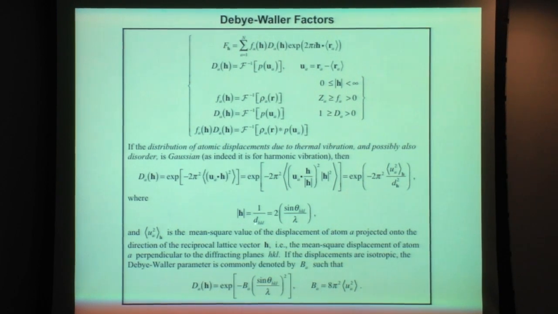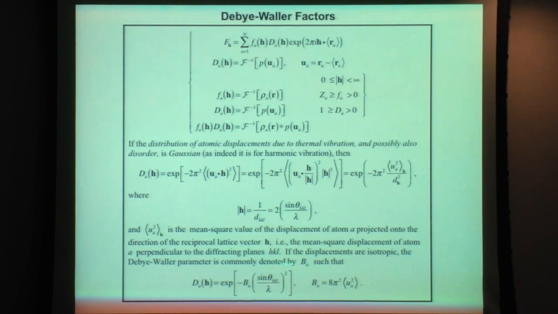Remember, it's 1 over the interplanar spacing, which is twice sine theta over lambda. Another way to think about it is that what we're concerned with is the projection of this mean square displacement of the atom onto the direction of the reciprocal lattice vector, that is, onto the direction perpendicular to the scattering planes. Remember, H is perpendicular to the family of planes with indices H, K, L.